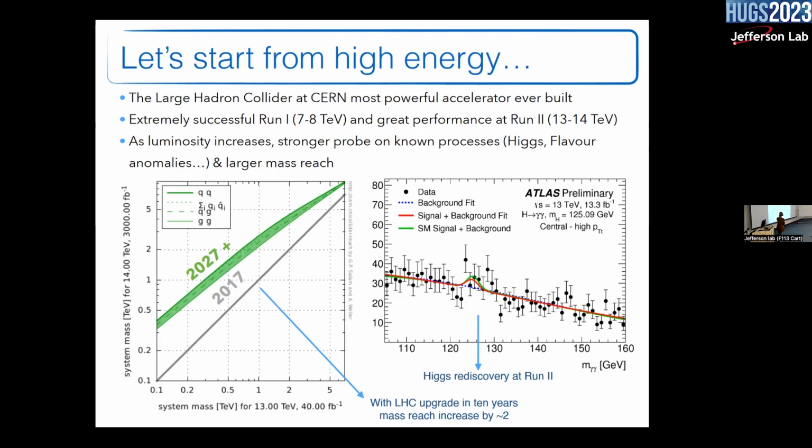And as you can see, in terms of what we can produce at the LHC, in terms of reach, so what are the final states that we can produce when we smash protons against protons at the LHC, you can see that thanks to the upgrade that will be done at the LHC in the next 5 years, we will reach masses up to 5 TeV, okay?